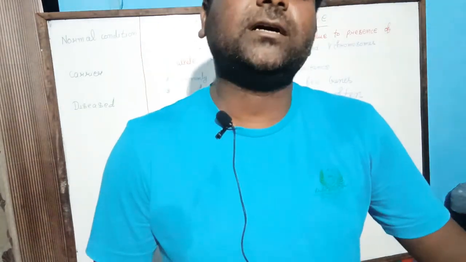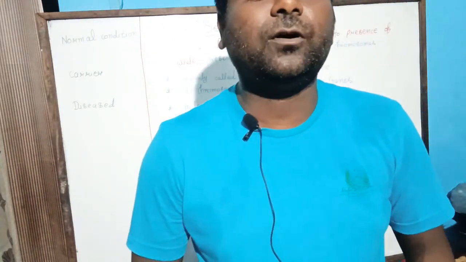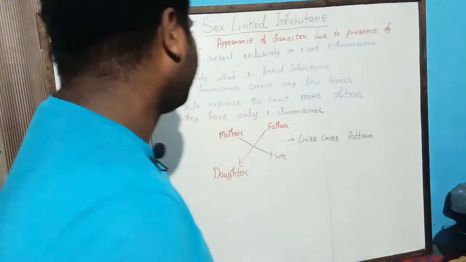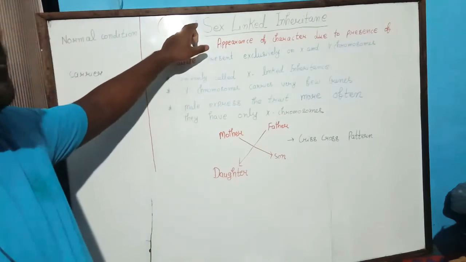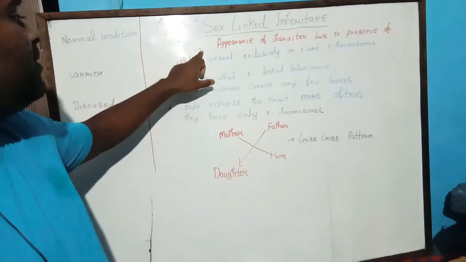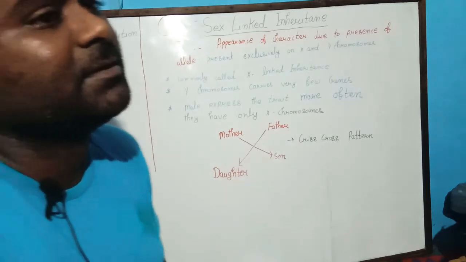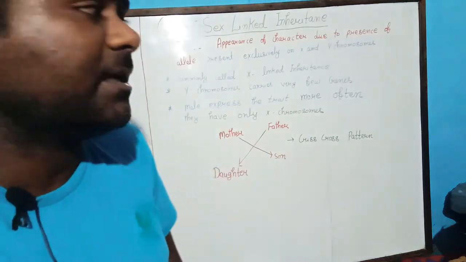Whatever characters, they can be transferred from parents to offspring. That is the law of genetics we discussed. So whenever we have a defect in either of these sex chromosomes, we have transmission. Good and bad, both kinds of characters can be transferred.